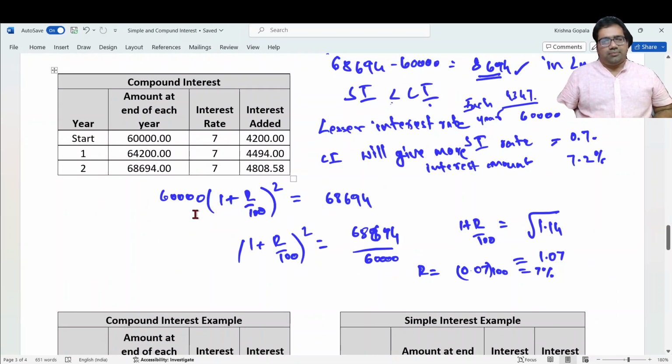This is the formula that we had discussed earlier also. Then 1 plus r by 100 whole square is equal to 68,694 by 60,000, roughly 1.14. So 1 plus r by 100 is equal to the square root of 1.14, which is 1.07. So r becomes 1.07 minus 1, which is 0.07 into 100, which is 7%.